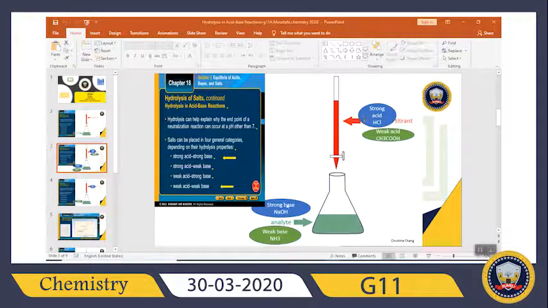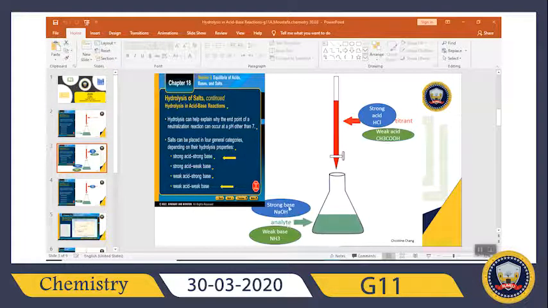Okay, so we will analyze or study the hydrolysis of the cation Na, which carries positive charge, and the anion Cl, which carries negative charge.